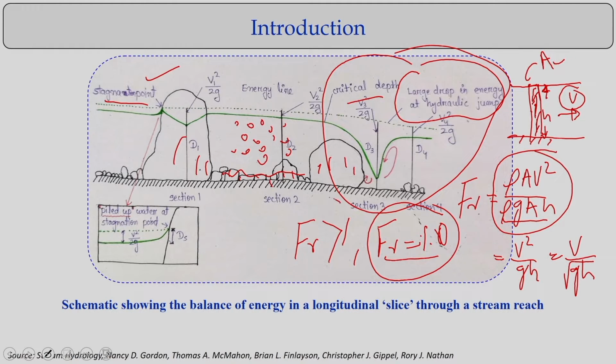But if the flow Froude number is more than 1, the inertia force is larger than the gravity force, and that is the condition when you have supercritical flow. Just the reverse, when the flow Froude number is lesser than 1, you can interpret it in terms of gravity forces and inertia forces.